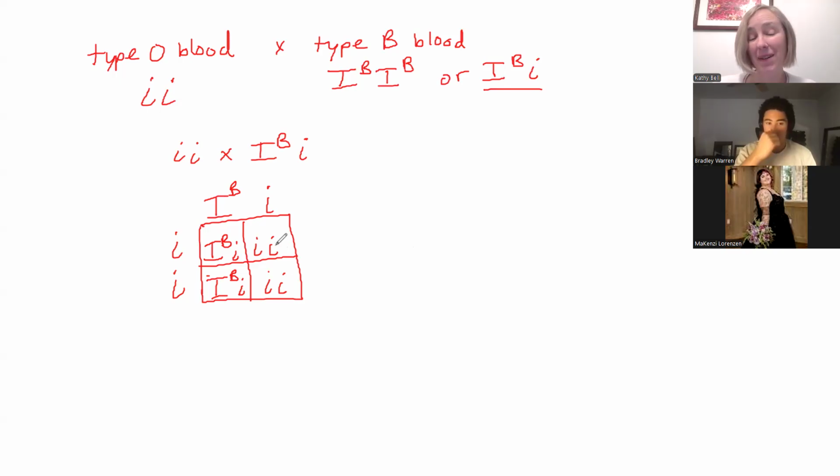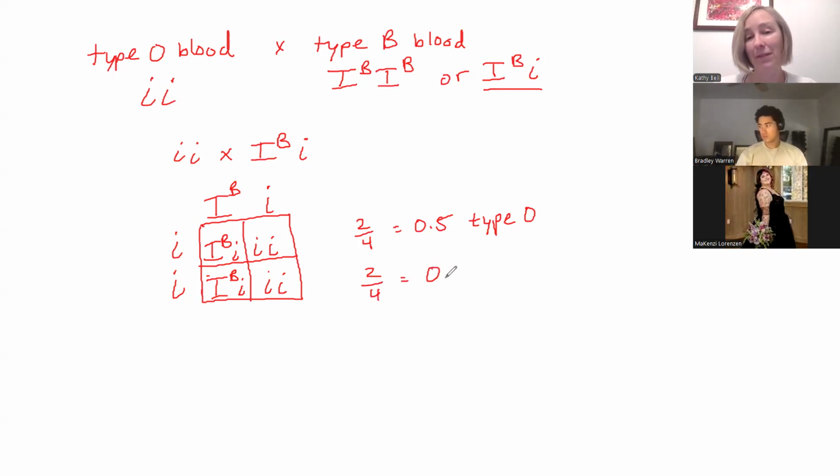Yeah, so you can see 2 out of the 4, or half, or 0.5 would be type O. And then the same thing with type B. So you'd also have 2 out of the 4, or half, or 0.5 would be type B. Good. Okay.